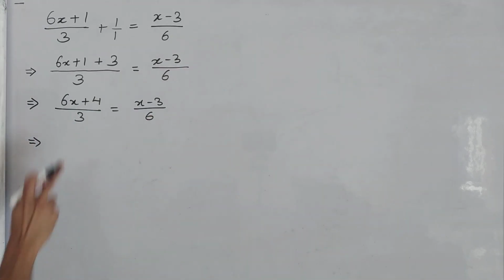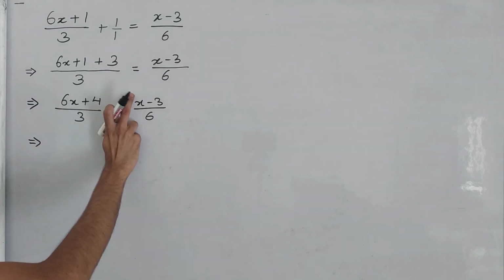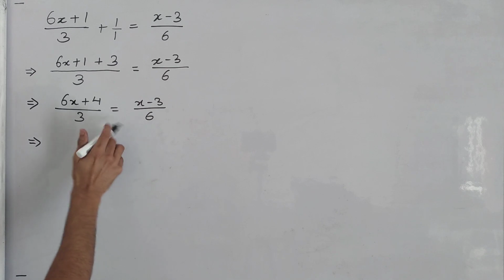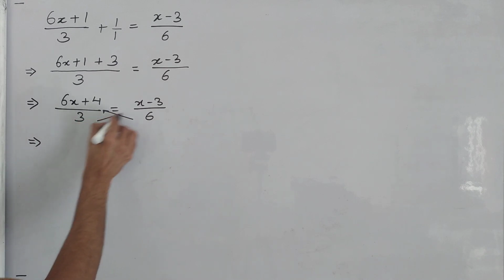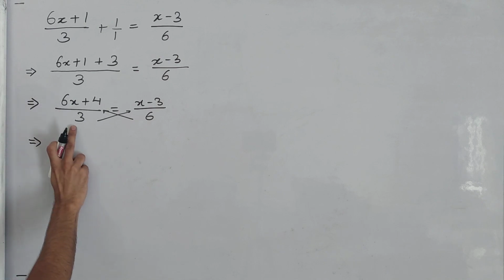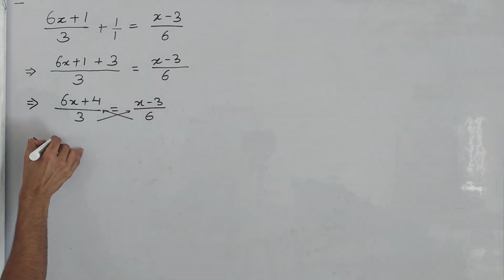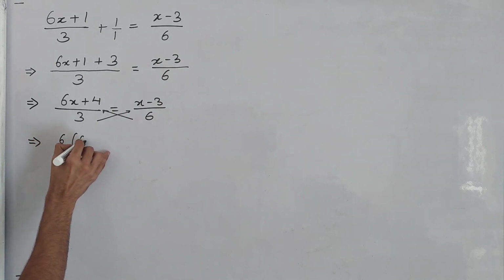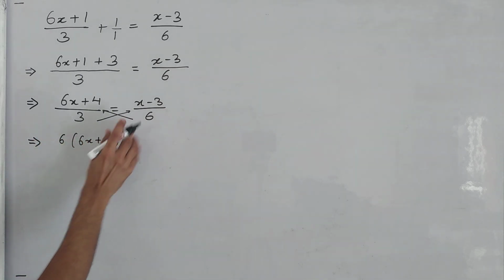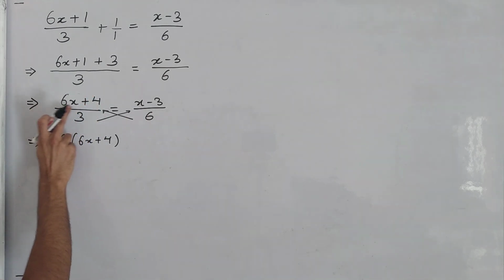Now, there is one numerator and one denominator over here, and one numerator and one denominator over here, so we can cross multiply. We can take this 6 over here and this 3 over here. So if we do that, what do we get? 6 into, when 6 comes over here, it will be multiplied by the whole numerator, not only 6x but 6x plus 4.